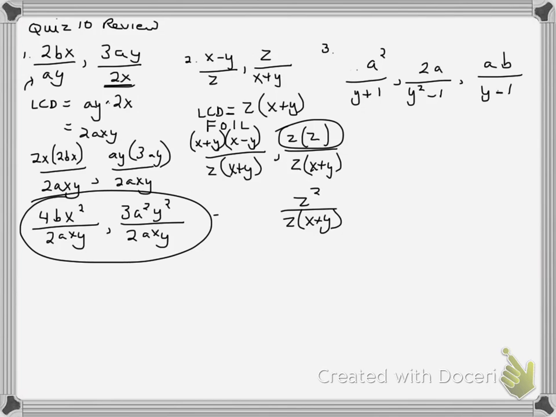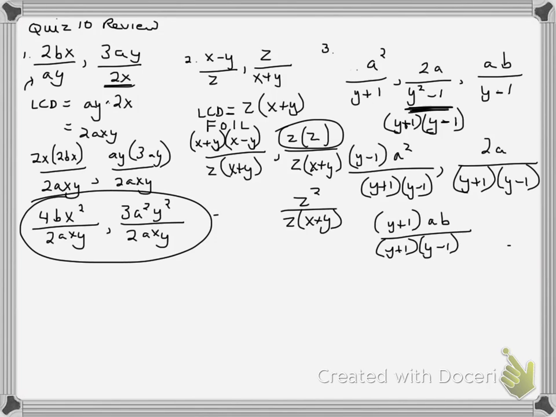Now the third one is just the same idea, except I recognize that this can be simplified to y plus 1 over y minus 1. So I'm going to do that, identify my multiplier by each of the numerators, and then do some simplifying. Now notice here, we're really fine just like we are.